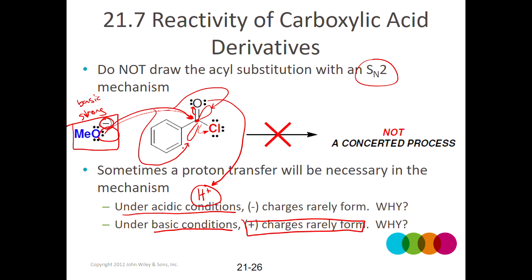Well, if you took this acid chloride and reacted it with H+, it would pick up that proton. The oxygen would use a lone pair to pick up that proton. That would make it positive. And that would mean that the resonance where the oxygen's pulling electrons up would be much more significant. And so that would also increase the amount of positive at the carbonyl carbon.